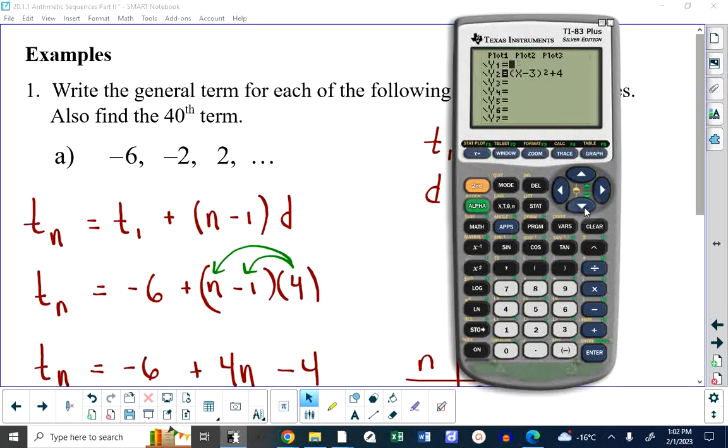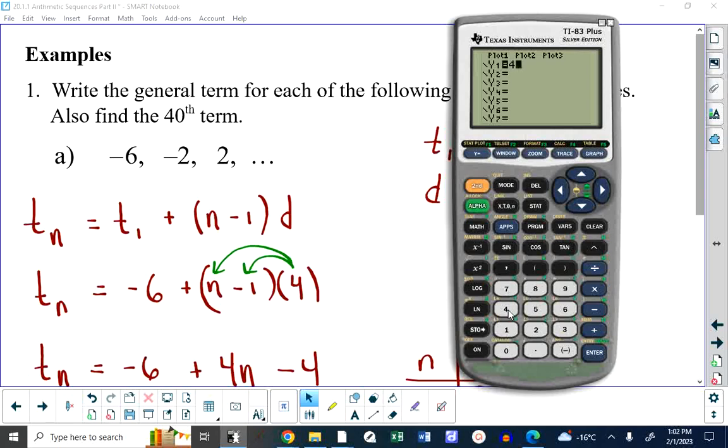If you have anything in there, clear it all out. We're not going to be graphing anything here. That's not the purpose of this. I'm going to put in here the general term expression, which was, help me out because I've cut it off, 4n minus 10.